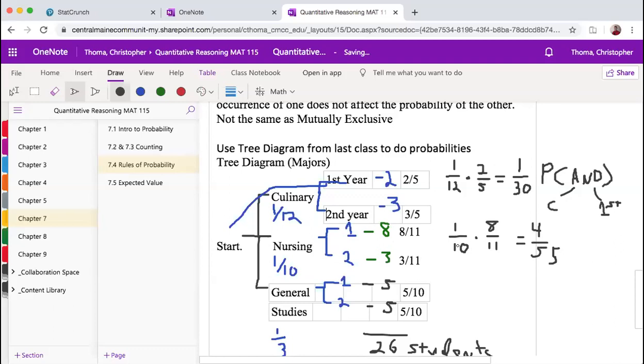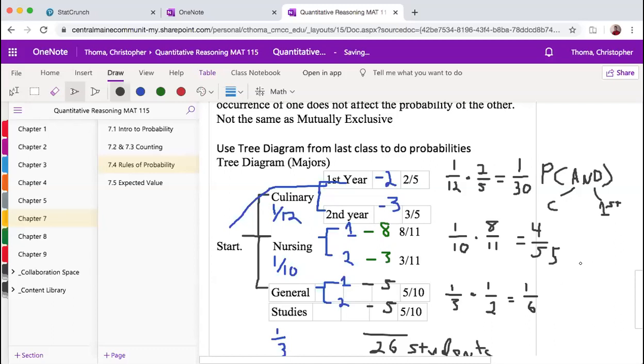Take 2 out of that, it becomes a 4. Take 2 out of that, it becomes a 5. Yep. So it's 4/55. And then now if I do my general studies, this is 1/3 times 5/10, which I'm going to simplify down to 1/2, equals 1/6.